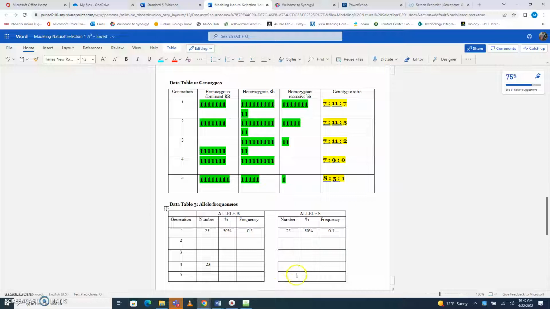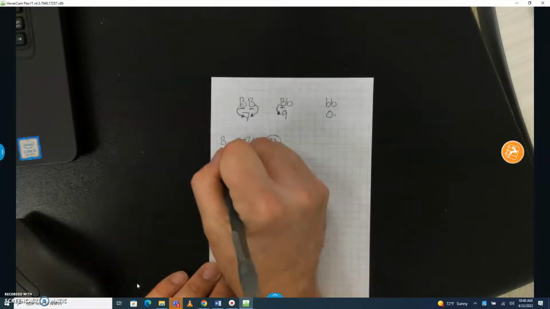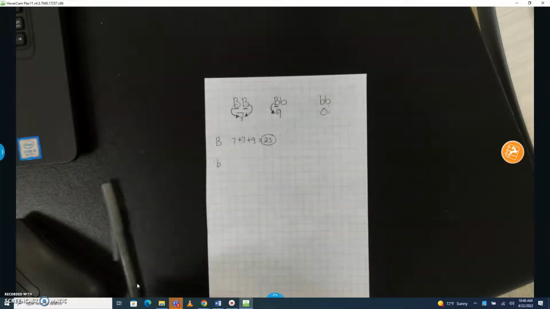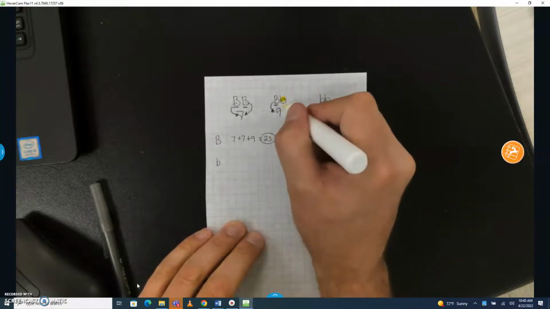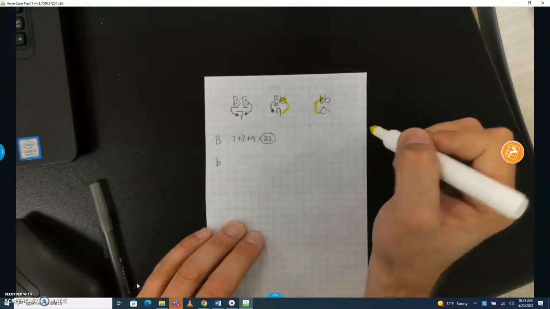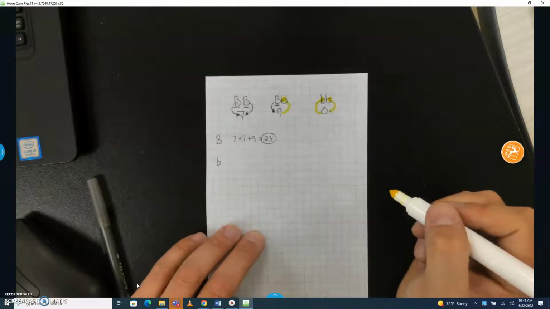Now let's get our lowercase b, our recessive. I apologize for the music. We're going to work through it. Let's look at our little b's. There's a little b. It's attached to the number 9. Here's a little b. It's attached to the number 0. This little b, also attached to the number 0.